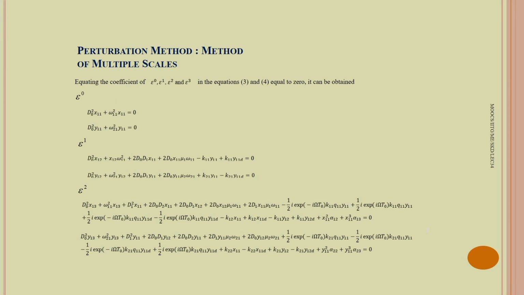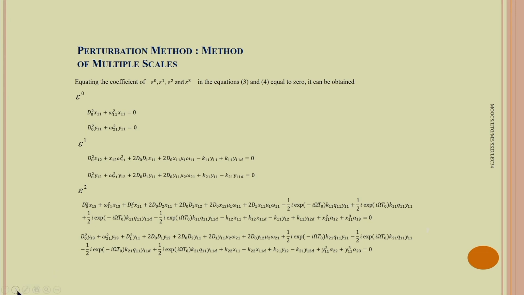x11 can be written using the fact that this is a second order differential equation, so by taking two constants it can be written. Similarly, after we get the solution for x11 and y11, we can substitute it in the second equation, and then getting the solution for x12 and y12, we can substitute those in the third equation, that is of epsilon square, to get the required expression.